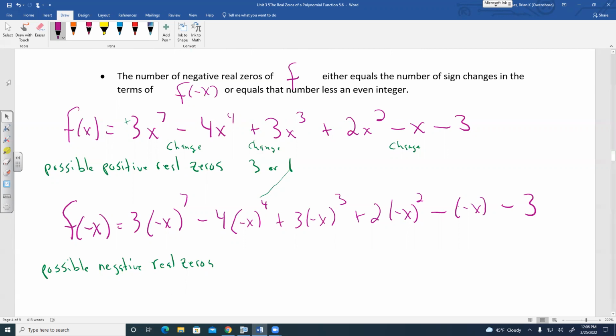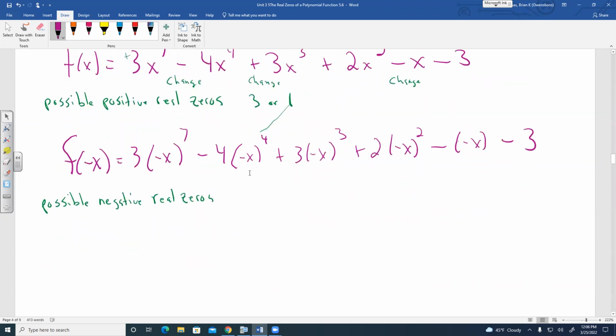So if I clean this up, remember a negative raised to an odd power remains negative. So this is going to turn into negative 3x to the 7th. If you have a negative x to the 4th power, that stays positive. So there's no sign change there. That stays as 4x to the 4th. So notice I have a negative x to the 3rd.